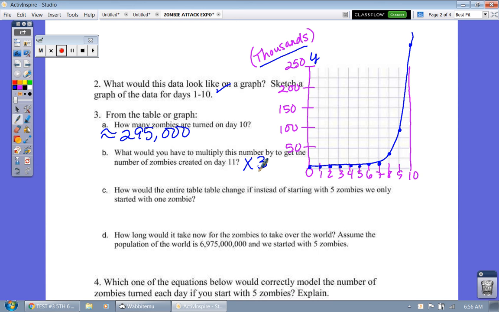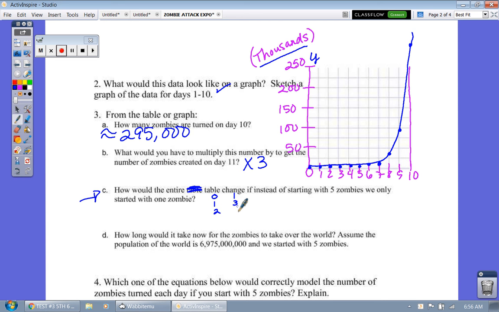How would the entire table change, and this is a typo here on letter C, if instead of starting with 5 zombies, we started with 1 zombie? Well, you would have to go through and make a new table. Day 0 has 1 zombie. Day 1 has 3 zombies.